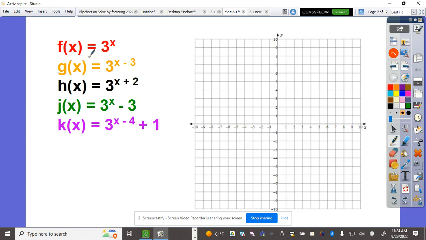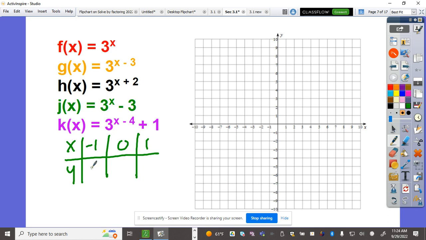F of x equals 3 to the x. So we'll do x and y here. And we know if the x is negative 1, 0, 1, it will give us 1 over b, 1, and b. But in this case, for f of x, the b here is equal to 3. So this will be 1/3, 1, and 3 here.